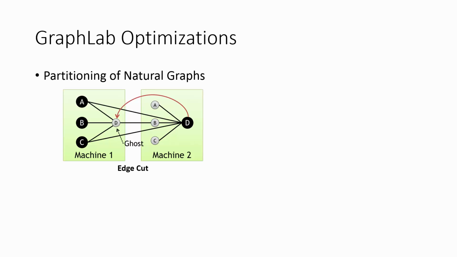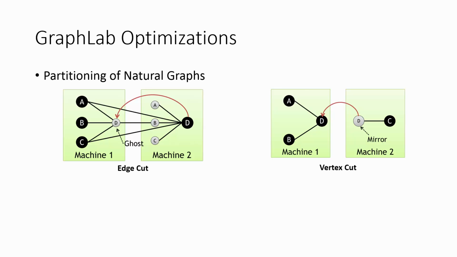Now, the other strategy, instead of cutting the edges, is to split the vertices. In this example, we have the assignment of the same vertices A, B, C, and D, but instead of splitting the edges, I'm simply splitting the vertex D to exist in 2 different machines. Machine 1 will have the main vertex D available, but I also keep a mirror of the vertex in machine 2.